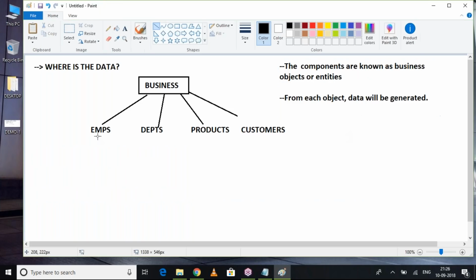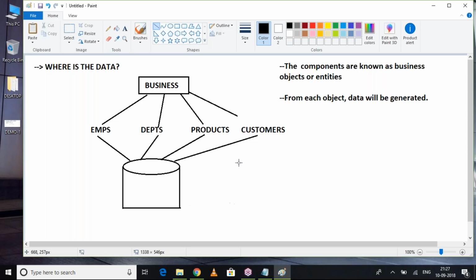The information generated from employees, departments, products, as well as customers is to be saved under database. So if you save the information at a database, at any time you can access the employee data, department data, product data, customer data.